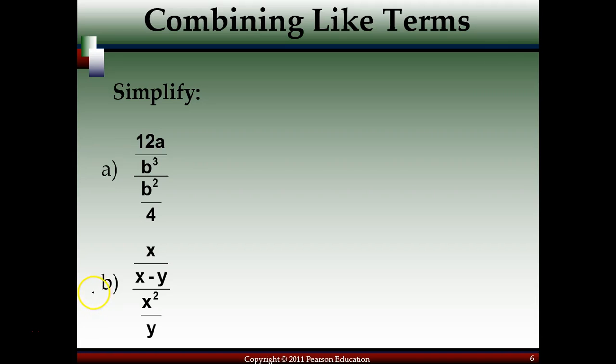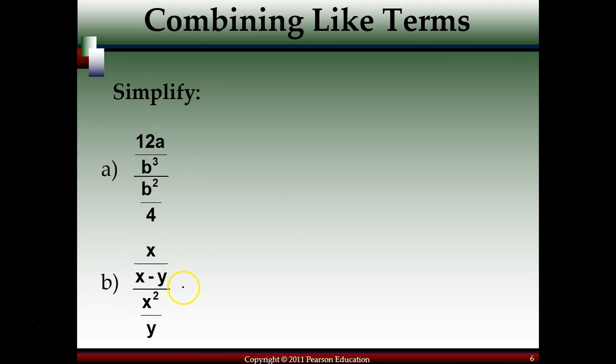Okay, so I have the same examples that I had previously, and I'm going to do them with this method that I just went through. There is nothing being added or subtracted in the numerator or in the denominator, so there's nothing for us to combine. Same goes with this one.